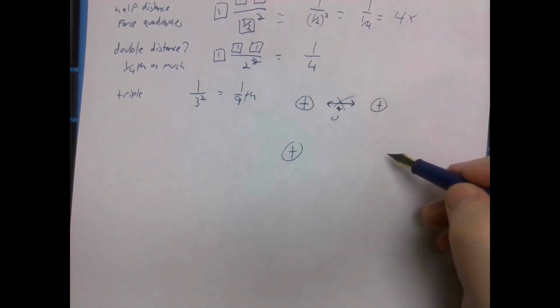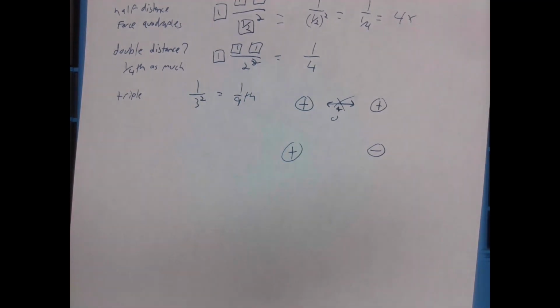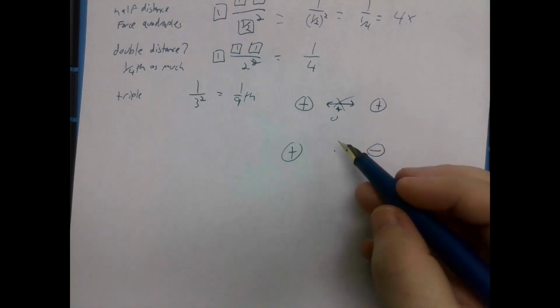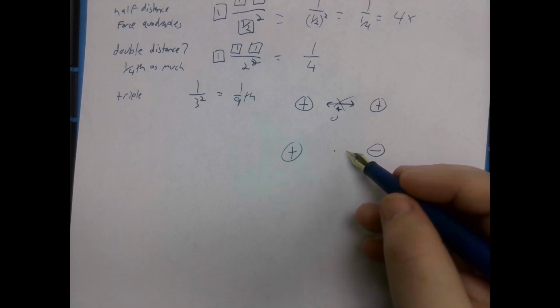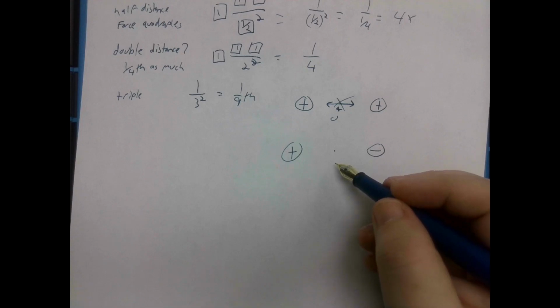What about a positive and a negative, assuming they're equal but opposite charges? What would be the strength here compared to if you only had one charge?